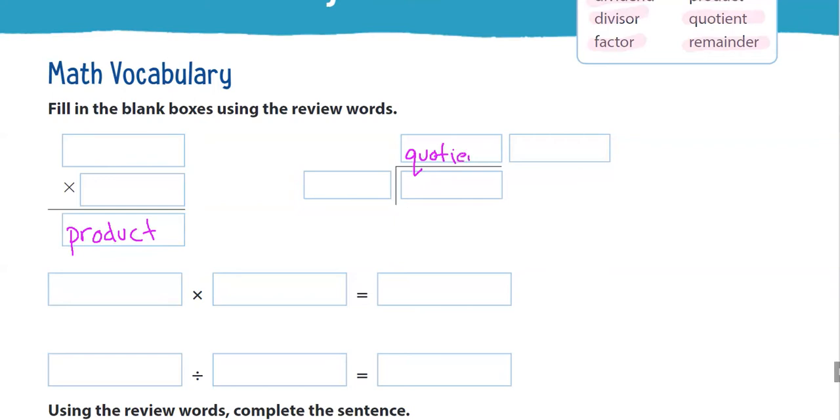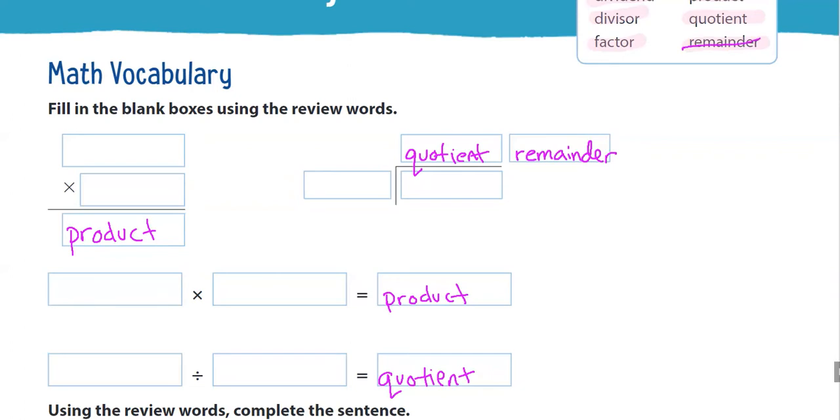Yeah, quotient. So I guess I shouldn't have crossed them out. The answer to a multiplication problem is the product. And the answer to a division problem is the quotient. And you probably know that the number left over from a division problem, stuck out to the side, is the remainder. I'm sure you've heard that one before.